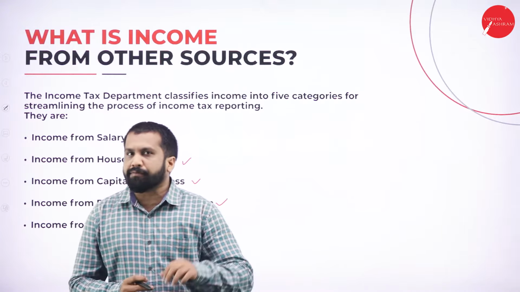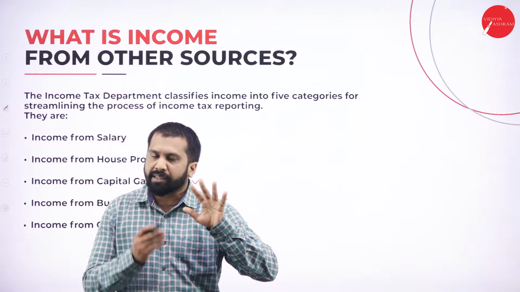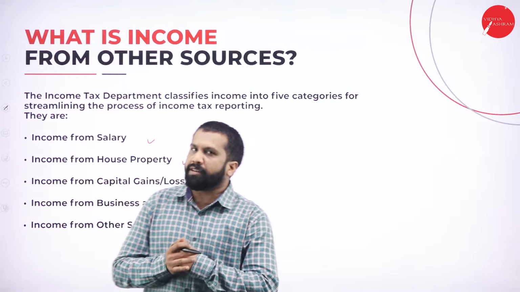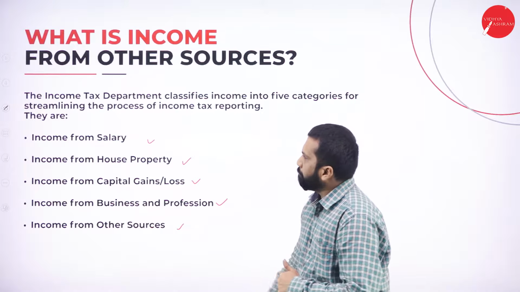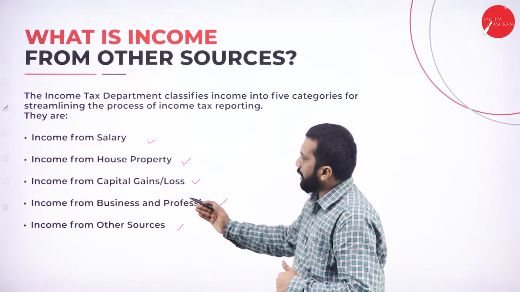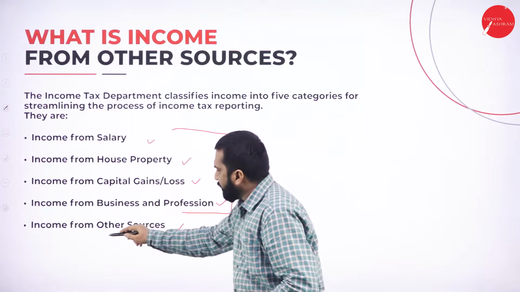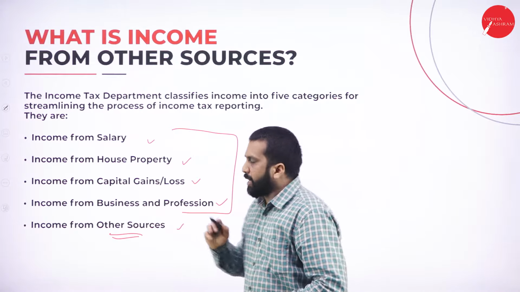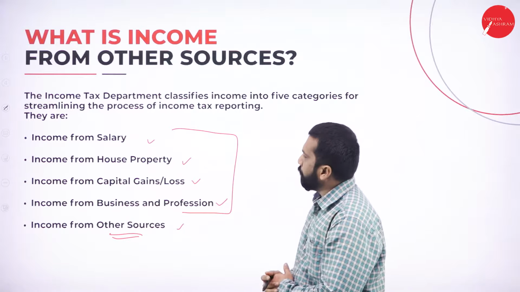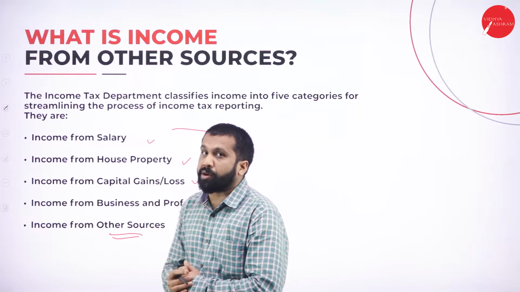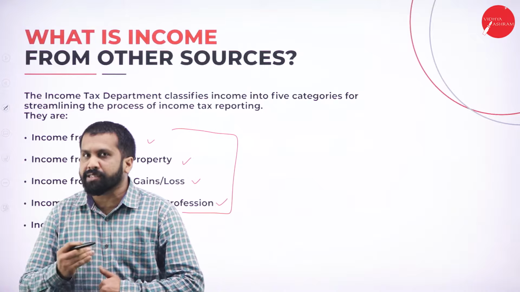I already gave examples of the first four. What about this other source? Other than these 4, whatever we get, we call it as income from other source.